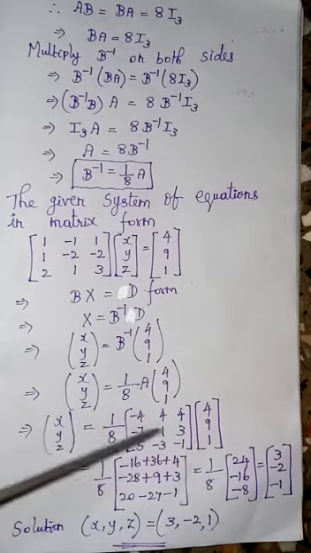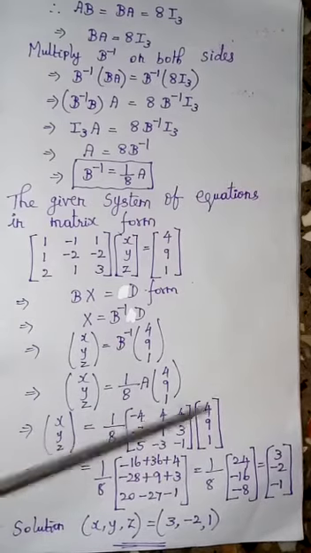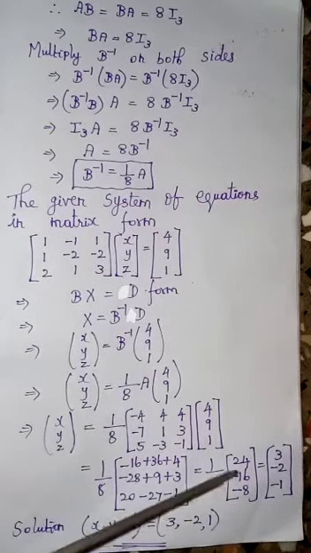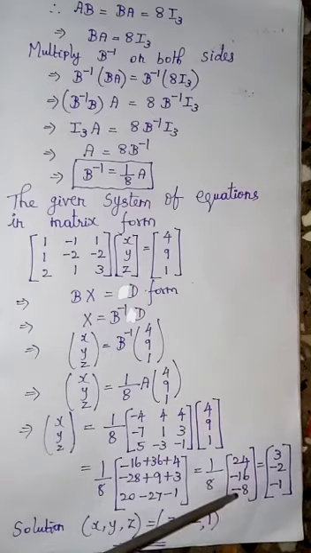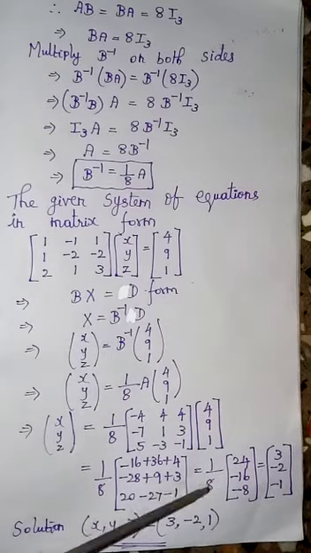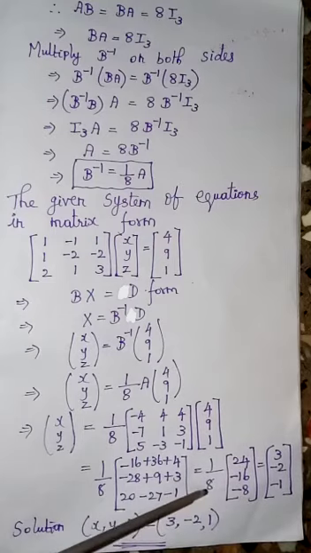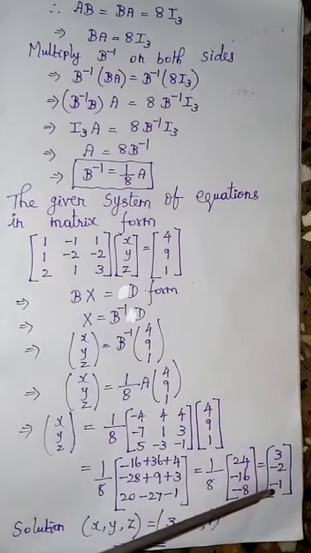Using the matrix multiplication, using the first row and first column, second row first column, third row first column, we get 24, -16, -8. So 1 by 8 into 24, -16, -8. Each element is divided by 8, we get 3, -2, -1.